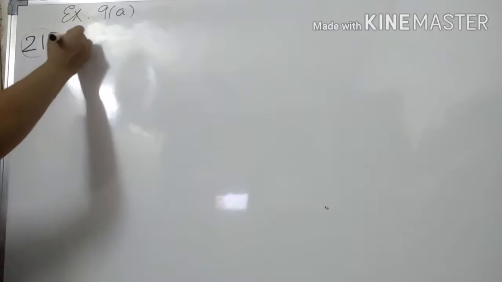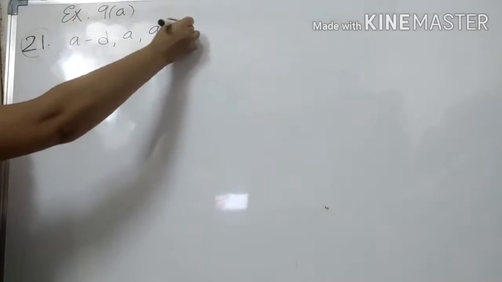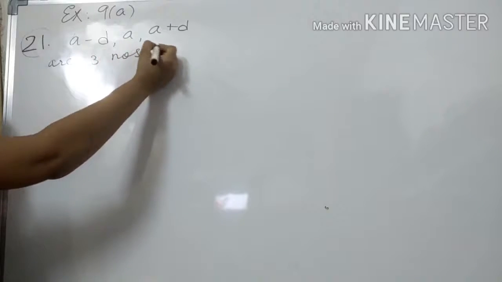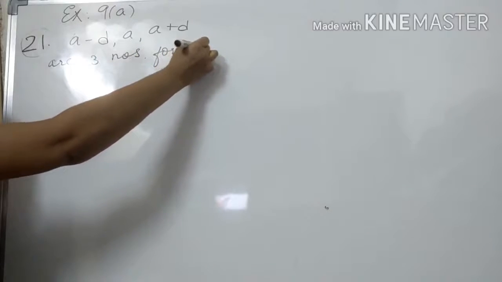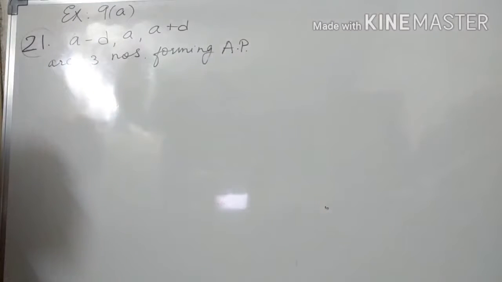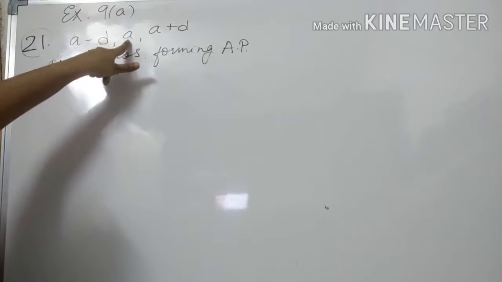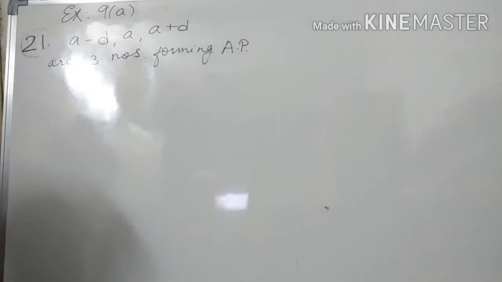So here I am taking a minus d, a and a plus d as the 3 numbers forming an AP. When we want to form an AP, there should be the same difference. So here a minus d, if we add d to it, we get a, and we get the next term by adding d to it.